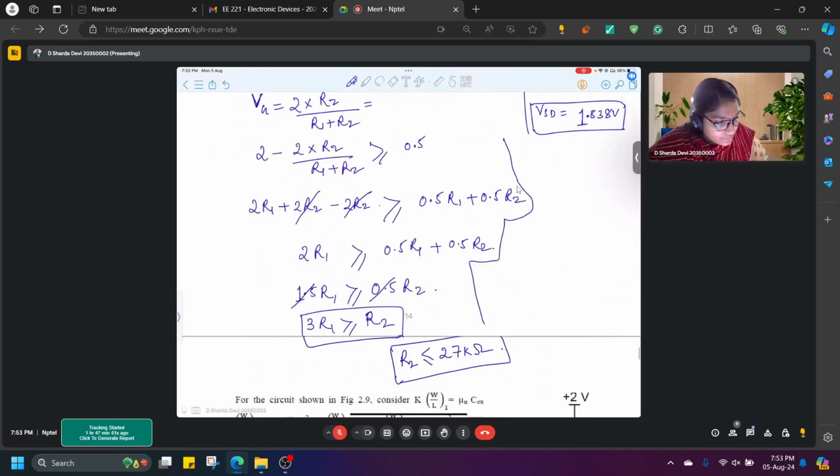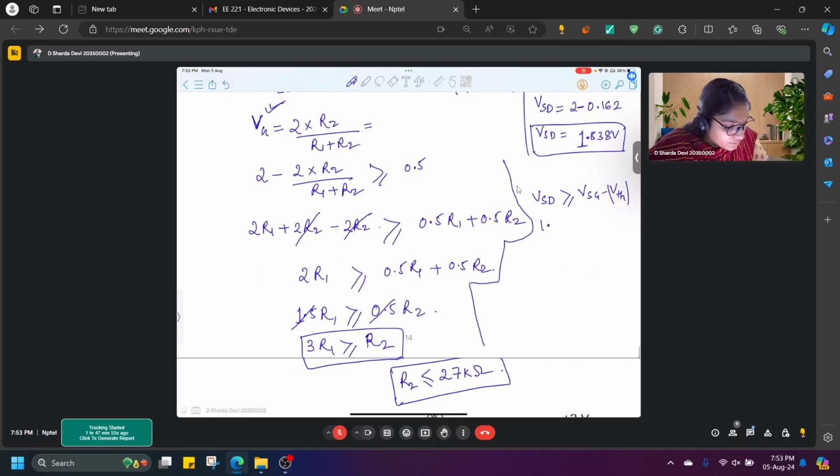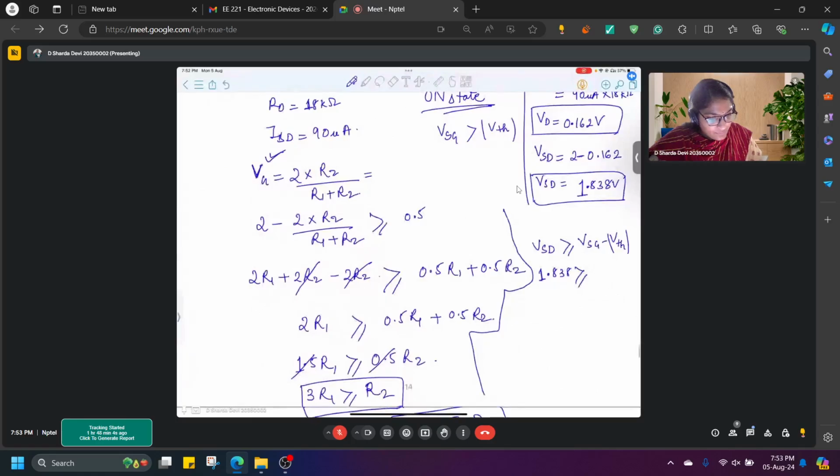That means your VSG should be greater than or equal to VSG minus VTH, modulus VTH. VSG, you already know, 1.838. It should be greater than or equal to VG, which is 2 minus 2 into R2 upon R1 plus R2, minus 0.5.